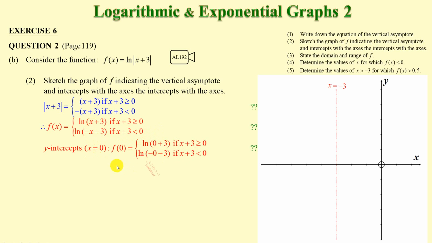This one here, of course, is going to end up being undefined because it's log of a negative number. And here, it's ln of 3, which is 1.1, if x plus 3 is greater than or equal to 0. It means x greater than or equal to negative 3. So yes, this is the acceptable answer. So the y-intercept is 1.1.